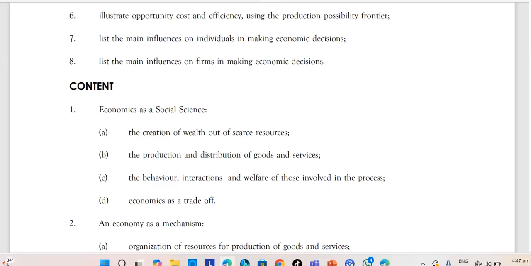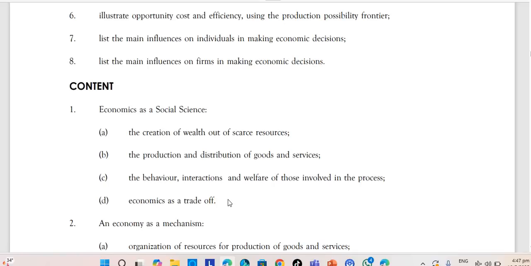Your definition should include, not can, should include, according to the syllabus, the creation of wealth out of scarce resources, the production and distribution of goods and services, the behavior, interactions, and welfare of those involved in the process, economics as a trade-off. So the first thing we're going to do is to define economics.